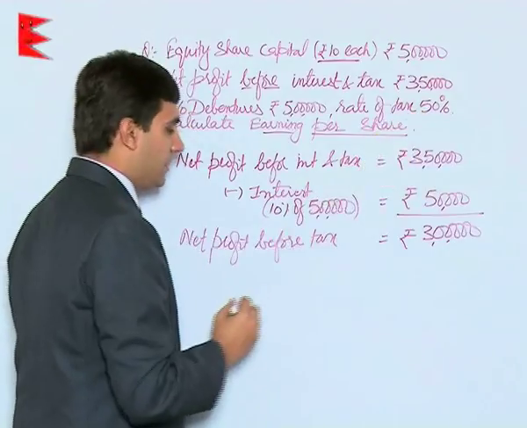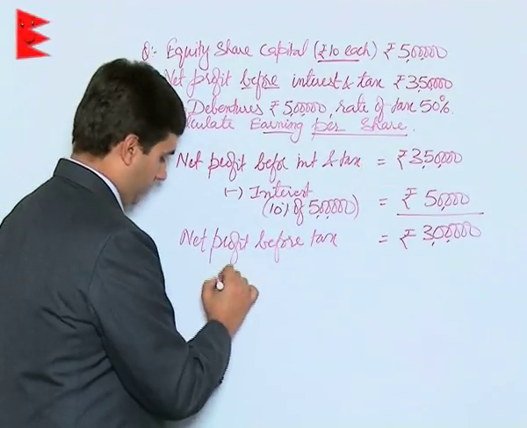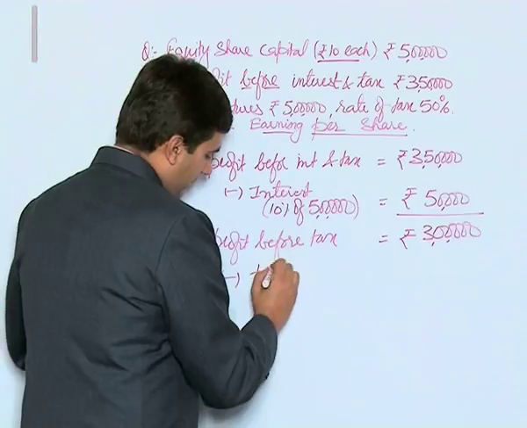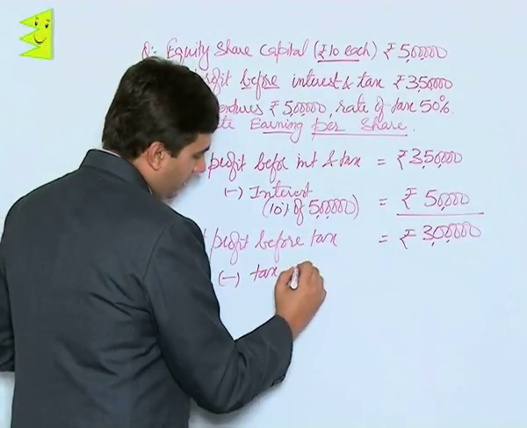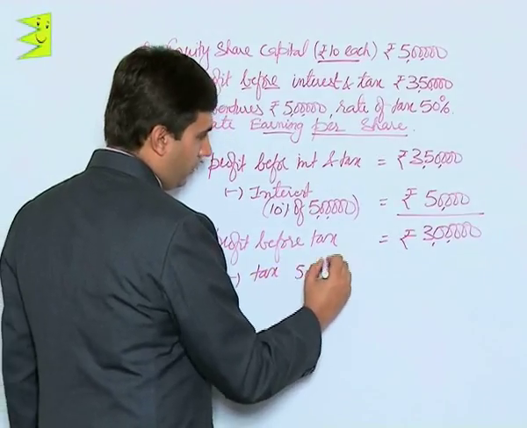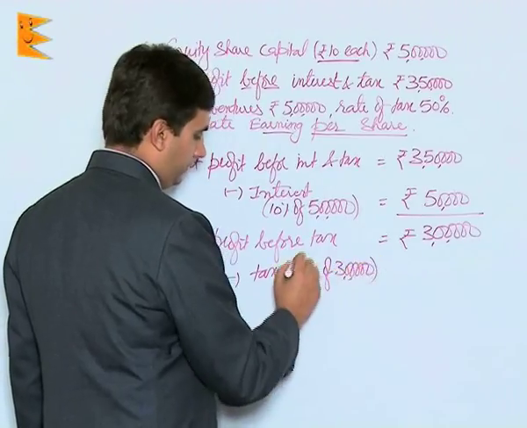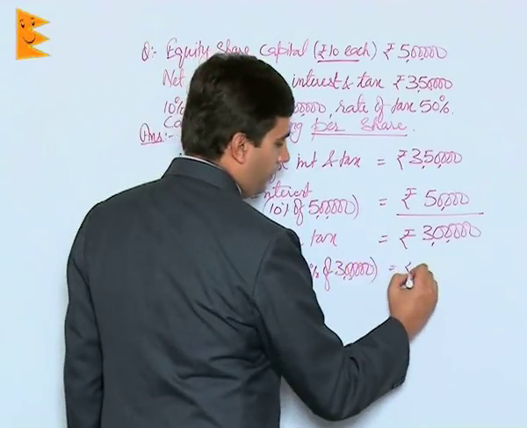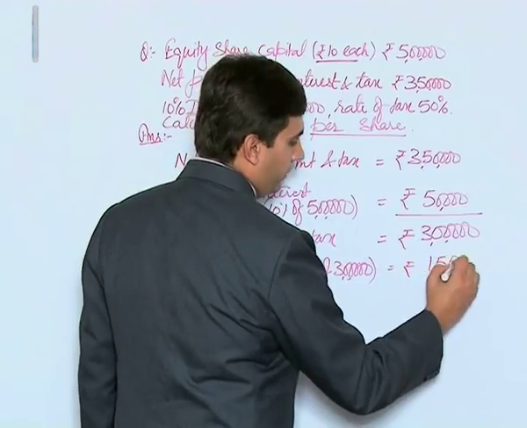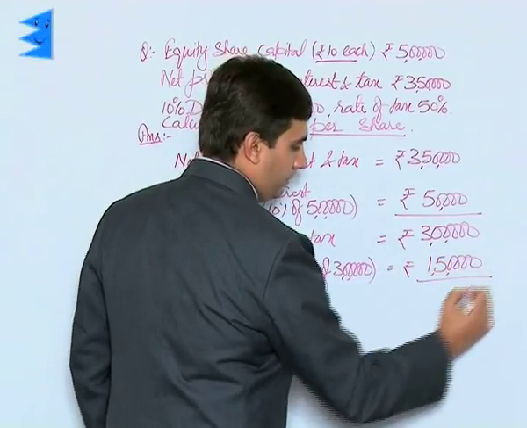The rate of tax is 50%. So deduct tax out of this. Tax would be 50% of 3 lakhs, which is equal to rupees 1,50,000.